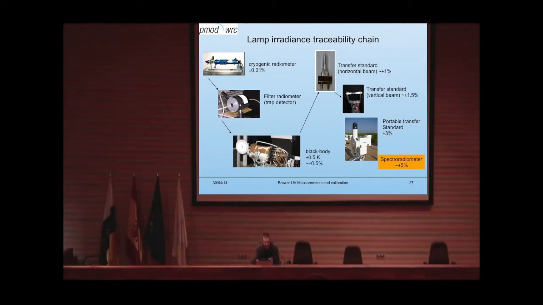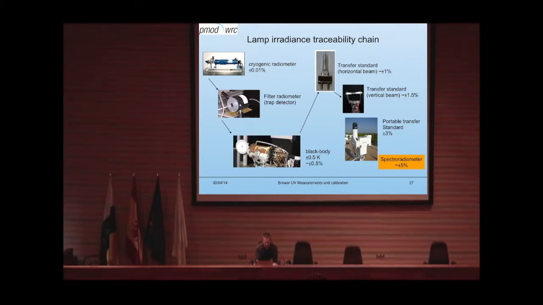This sounds very academic, but it is actually a problem, because if you take a lamp and you change its orientation, then the output of this lamp might not be the same. If you take, for example, this transfer standard and you put it horizontal, then the output might change by 10 to 15%. So you really have to operate it the way that it has been used and calibrated.